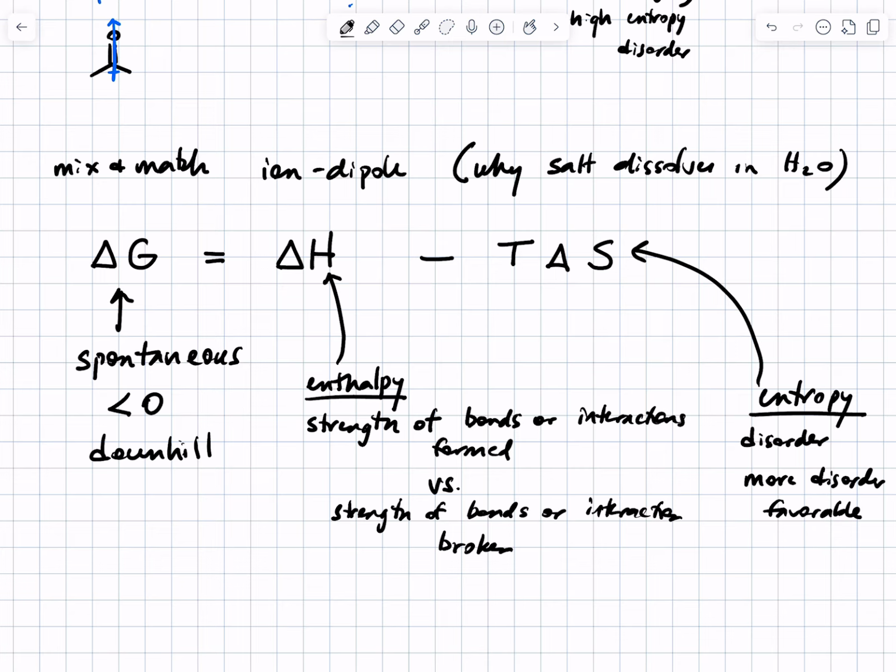In the dissolving of salt, you replace strong ion-ion interactions with less strong, but maybe overall compensating, ion-dipole interactions. Got it? Okay. So maybe enthalpy there is either neutral or favorable, meaning maybe you only just barely compensate for the strength of the interactions that you lost, or maybe it's slightly favorable.